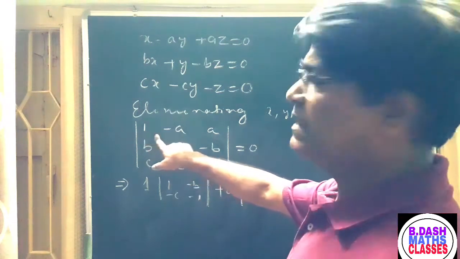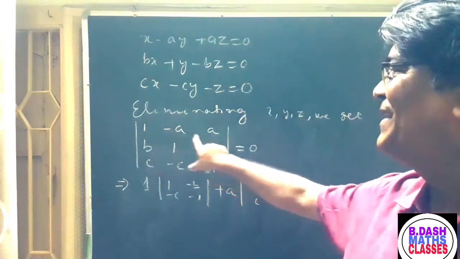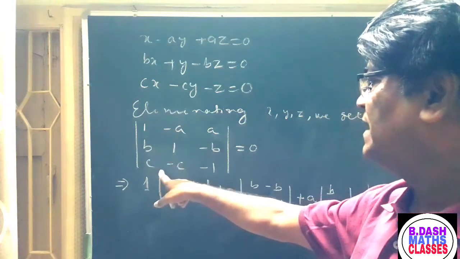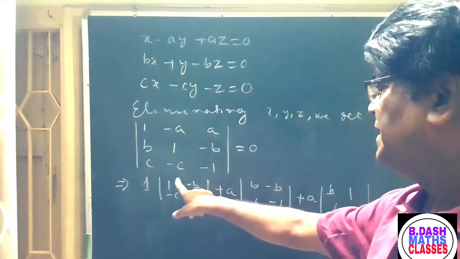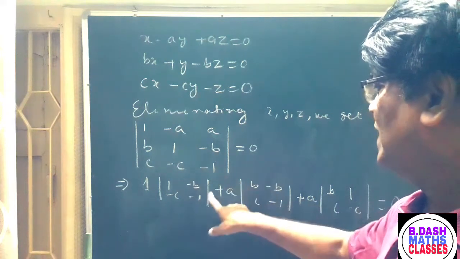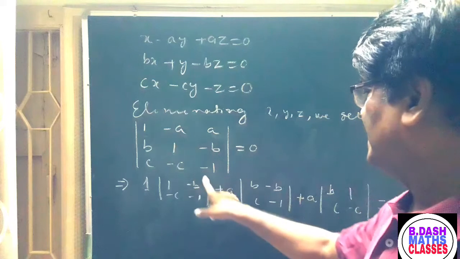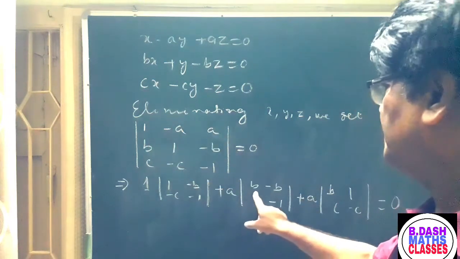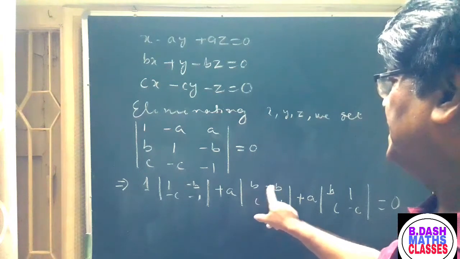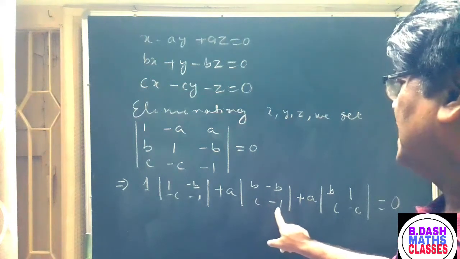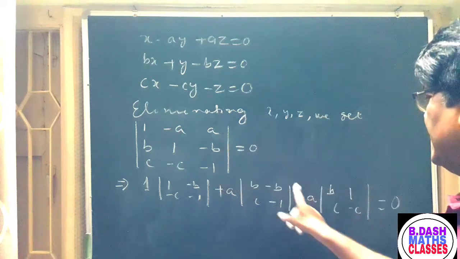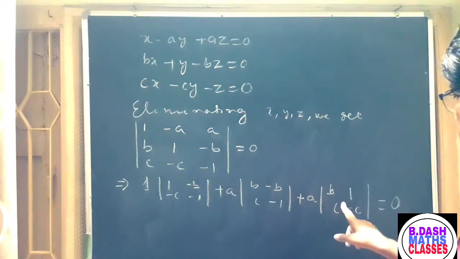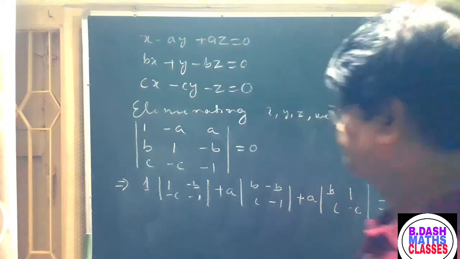So we are expanding this determinant, taking the first row. So we should forget about the first row and first column: 1 minus b, minus c, minus 1. Then minus of minus a, plus a. We have to forget about the first row and the middle column, the second column. So we are getting b, minus b, c, minus 1. Then we have to take a, with the first row and last column forgotten. So b, 1, c, minus c.